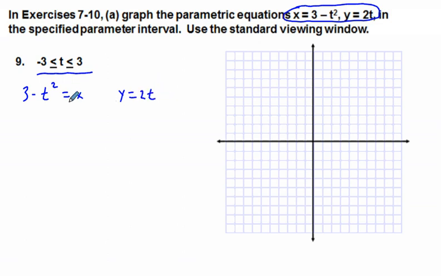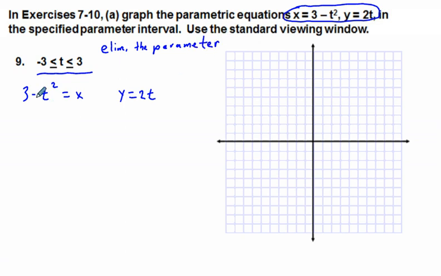So the idea is to solve for t, and when we go to rectangular form, we're just looking at an equation in terms of x and y. So what we're going to do here is called eliminating the parameter. And the parameter here is t.